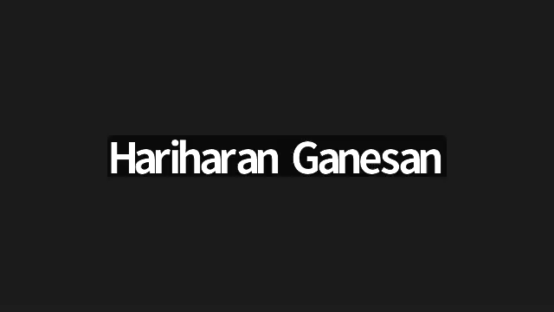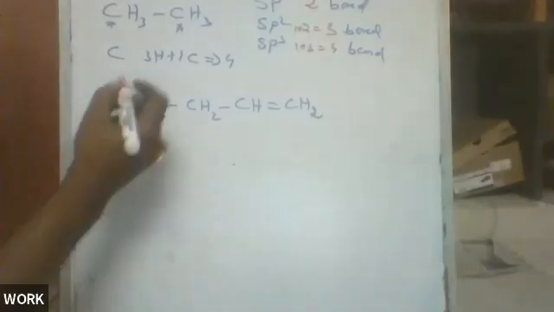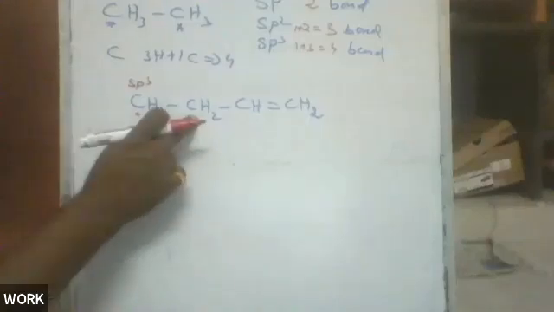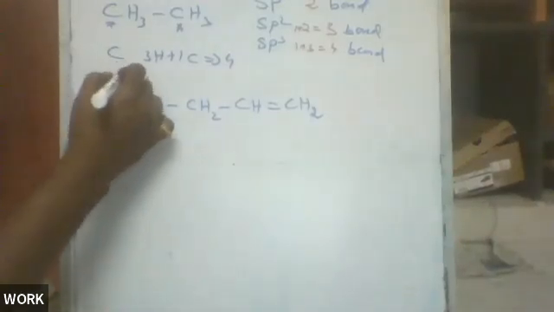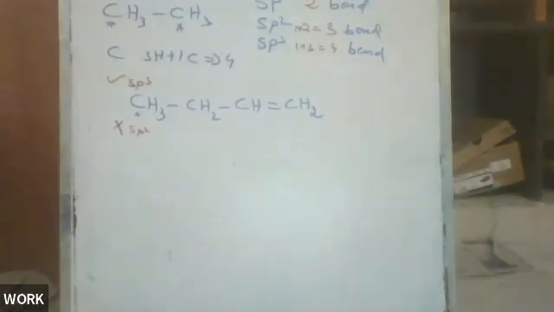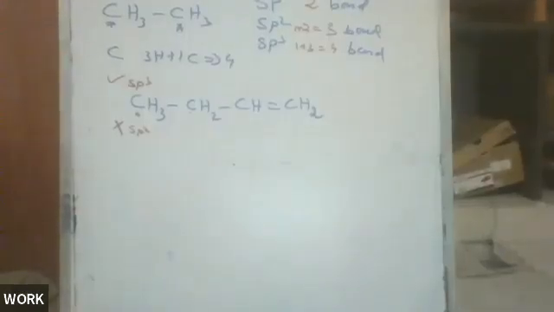Why is it sp3? 4 bonds, sir, it has in total: 3 hydrogens and 1 carbon. So sp3. So sp2 will be wrong. And what about this? sp2, sir. Anyone else?